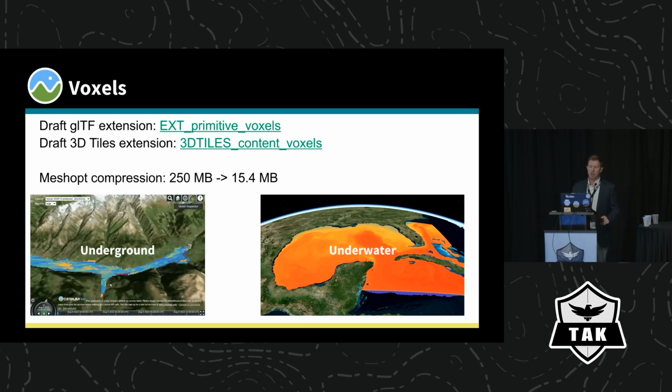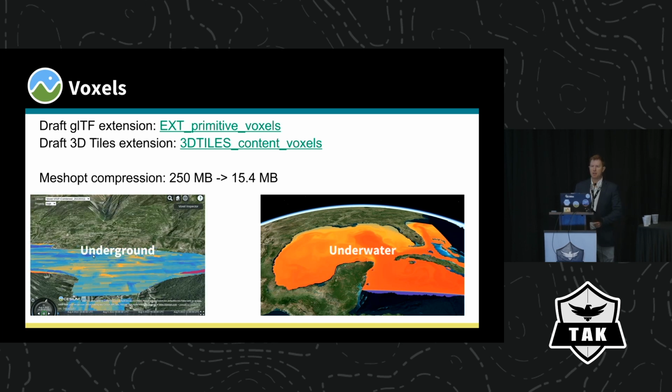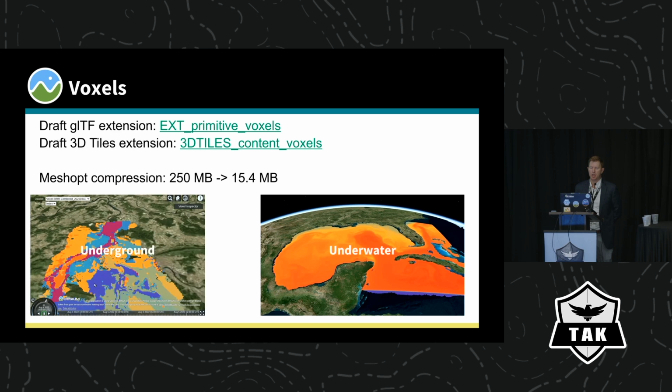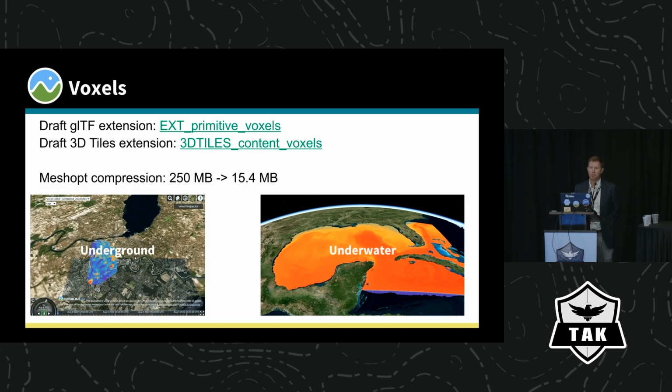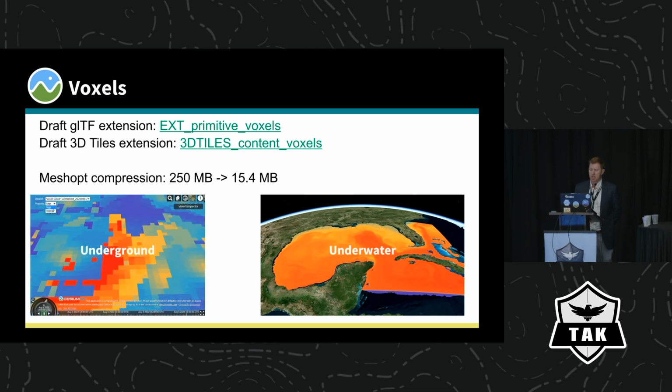Voxels is another hot topic right now. When I think voxels, I think kind of, if you're familiar with NetCDF type of data or weather data, similar structured kind of format there. And voxels is something that we're also supporting now. I've got a couple of use cases here dealing with underground data.